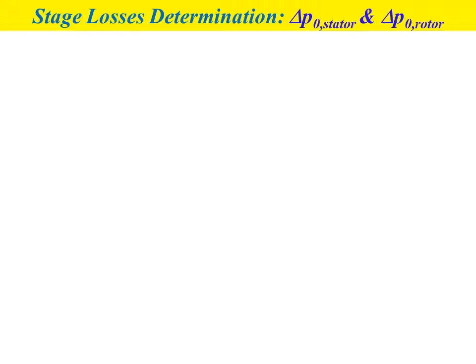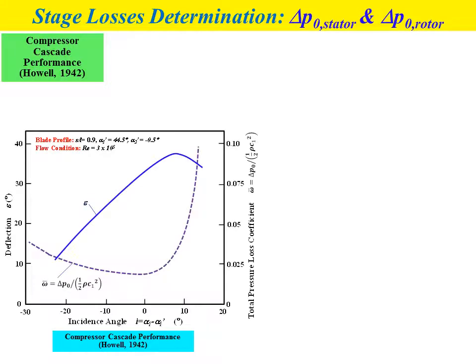Now we will discuss how to determine the stage losses in terms of delta P naught for the stator and also delta P naught for the rotor. Last time we already learned about the compressor cascade performance introduced by Howell in 1942. Howell introduced the graph for compressor cascade performance as shown in the slide.